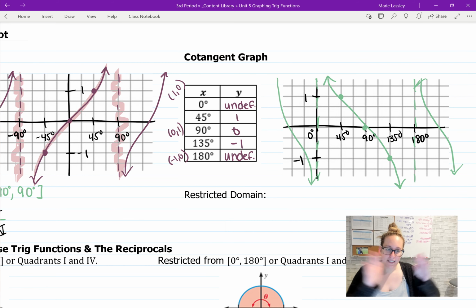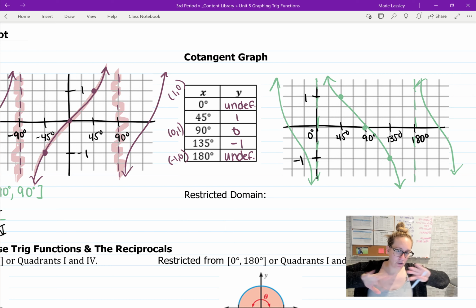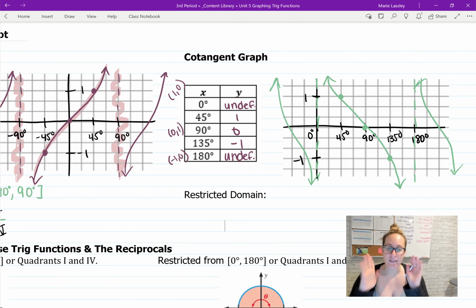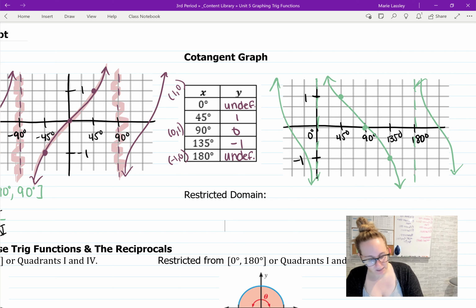It does continue to do these little cotangent curves all the way off the graph, but we don't actually care about that. We want to find one section of the graph that covers all of the positive and all of the negative values and doesn't repeat anything. Well, just like with tangent, between our asymptotes, it does that for us.